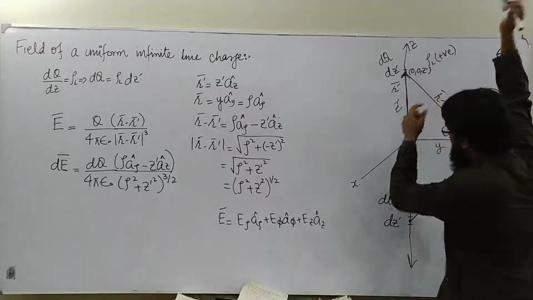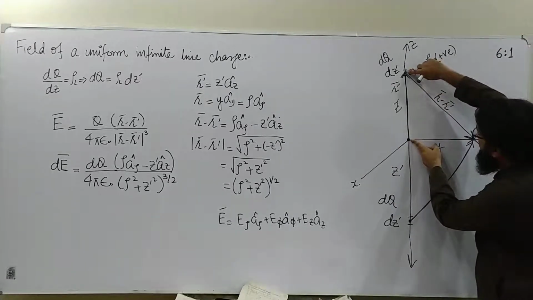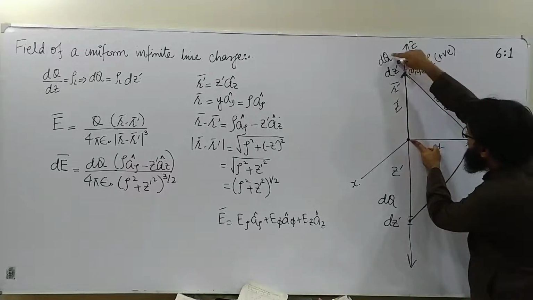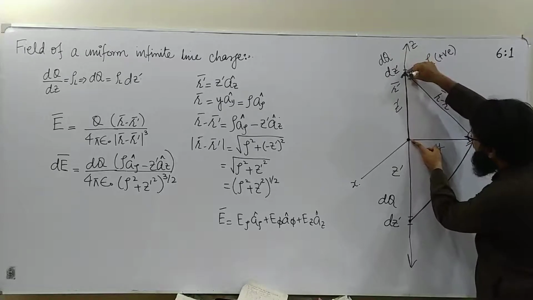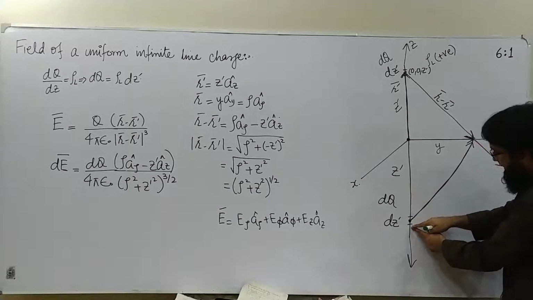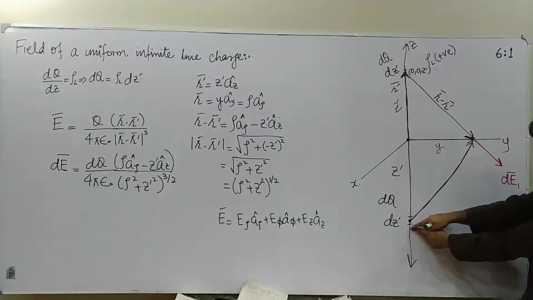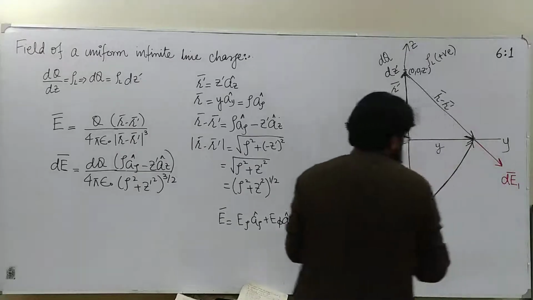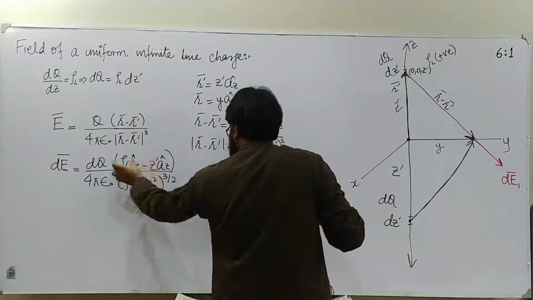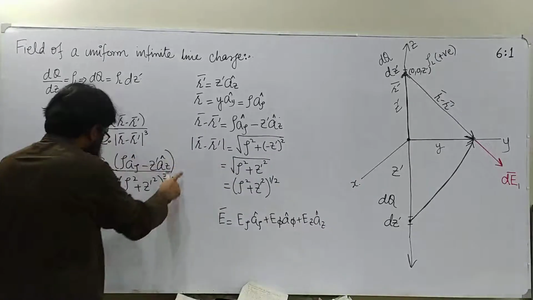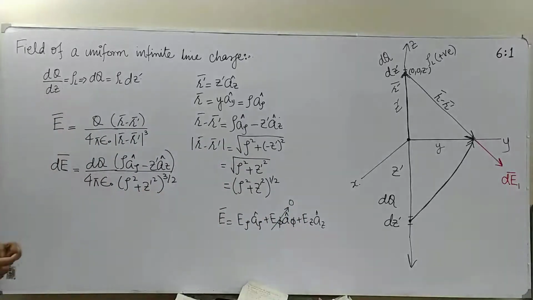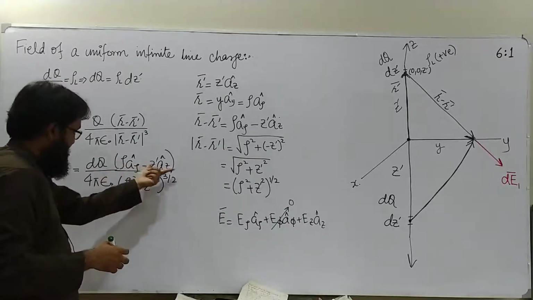We took earlier this patch, this differential length, which enclosed a differential amount of charge, and now we are taking a symmetrical source component just below the z equals 0 plane, in order to assess whether there is any symmetry which would assist us in eliminating any of the components. All right, so this expression tells us that we should not expect any phi component, but let's see whether we should expect any rho component or any z component.